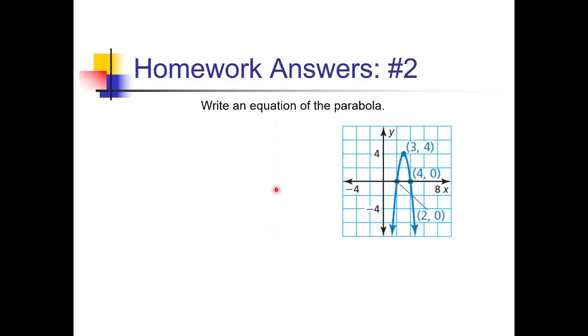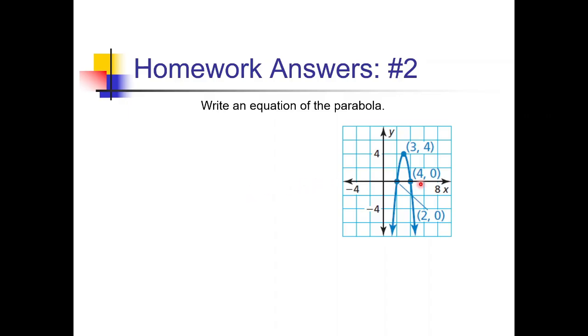On this problem, I'm trying to write the equation of the parabola shown in the graph, and they've actually given me a few pieces of information. It looks like we have the x-intercepts and also the vertex. So when you're trying to find the right model, the right quadratic form for this, I think it's really dealer's choice on this one.